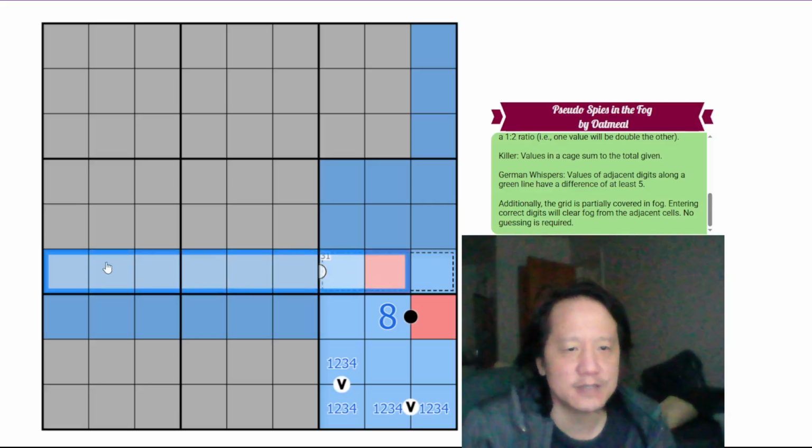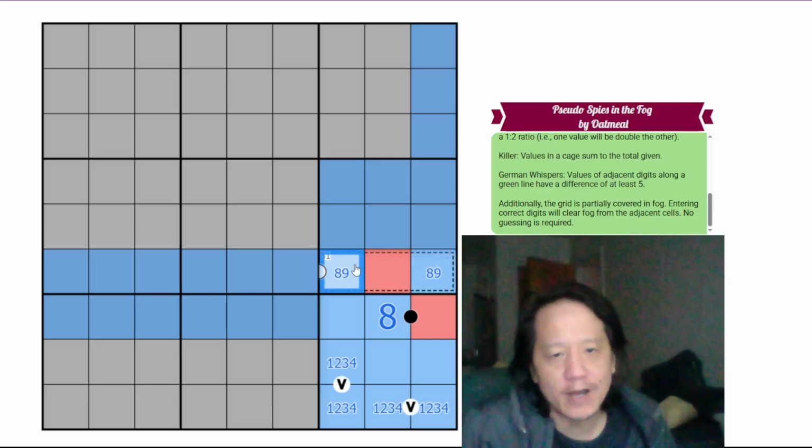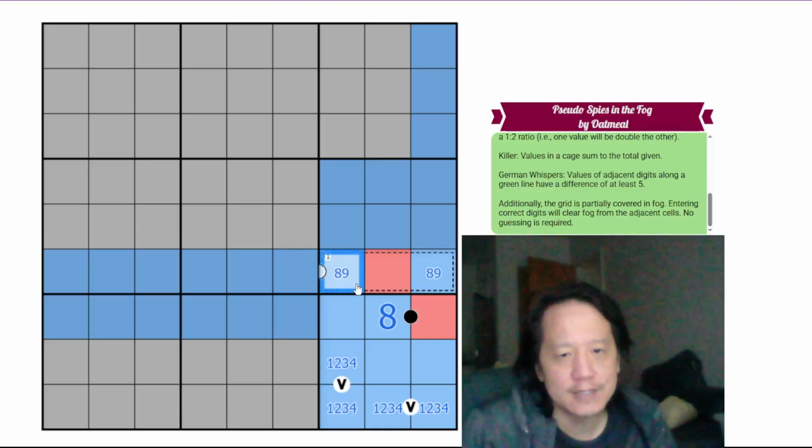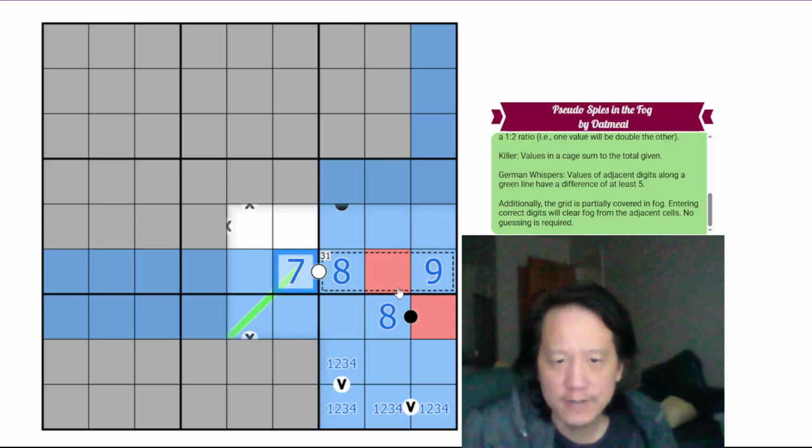Therefore, that must be 6 plus 8, which is 14. 31 minus 14 is 17, which means the other 2 digits must be 8 and 9. So this must be an 8-9 pair. Well, 9's only consecutive with 8, and we already have an 8-9 pair in the row, so this couldn't be 8 here. So this can't be 9. This is 8, which makes this 9, and therefore this is 7 to be consecutive with that.